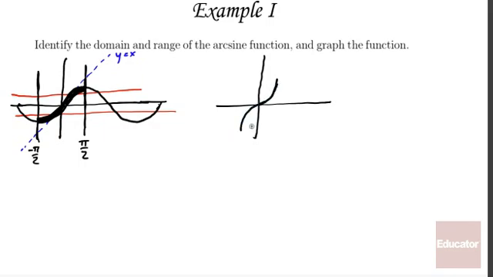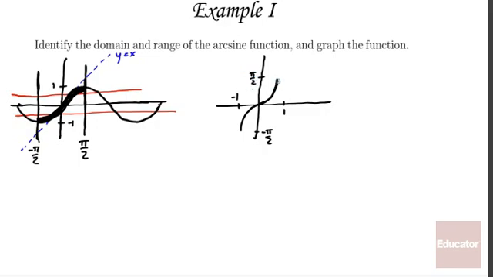And now the notations that I had on the y and x axes are going to switch. So it goes from now negative 1 to 1 on the x-axis and negative pi over 2 to pi over 2 on the y-axis.